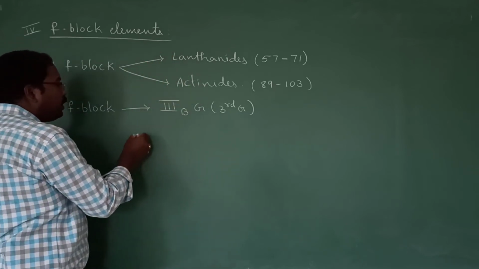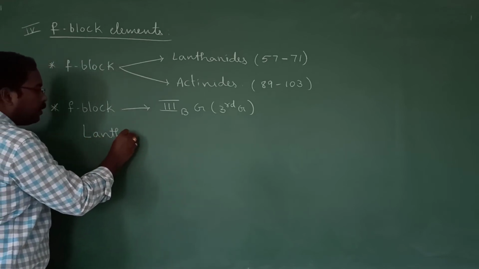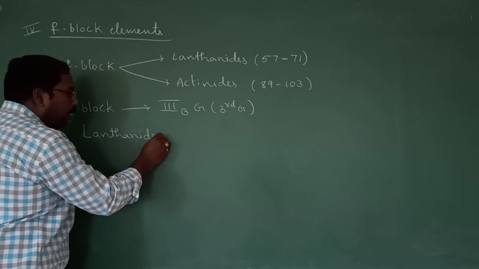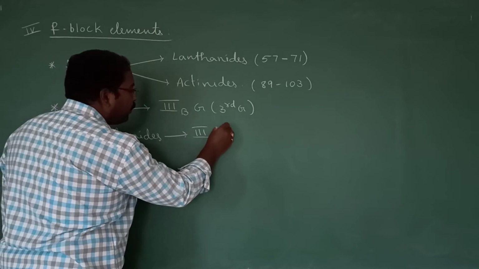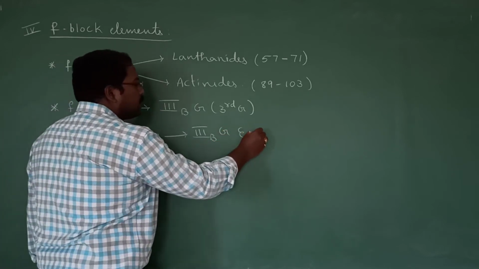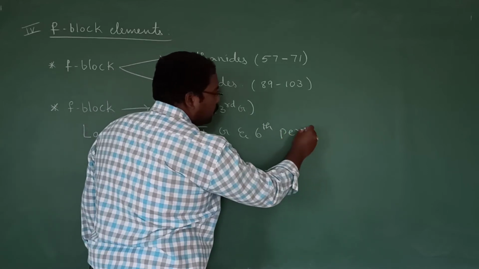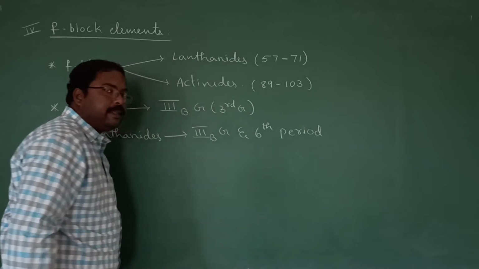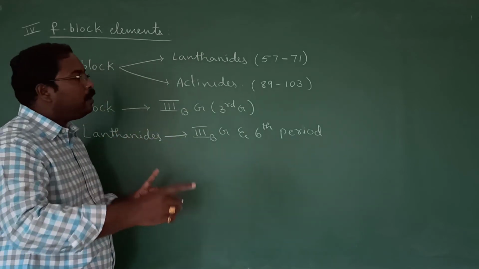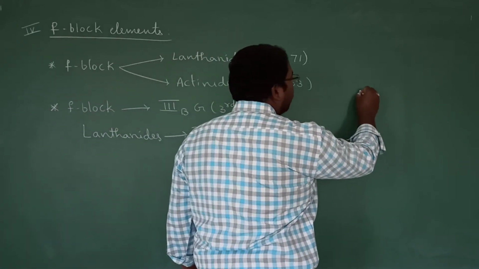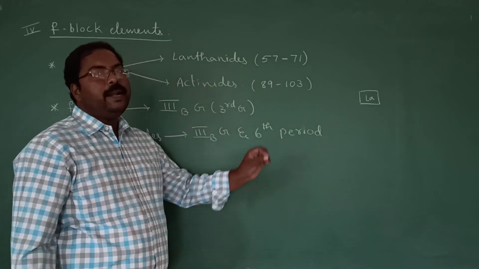Lanthanides are present in third B group and sixth period. If you observe the table, you will find a block La, the element lanthanum.